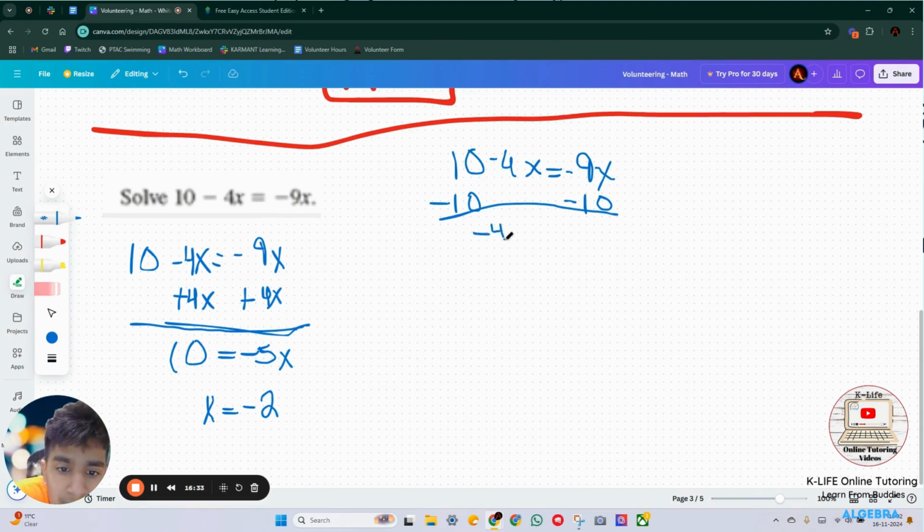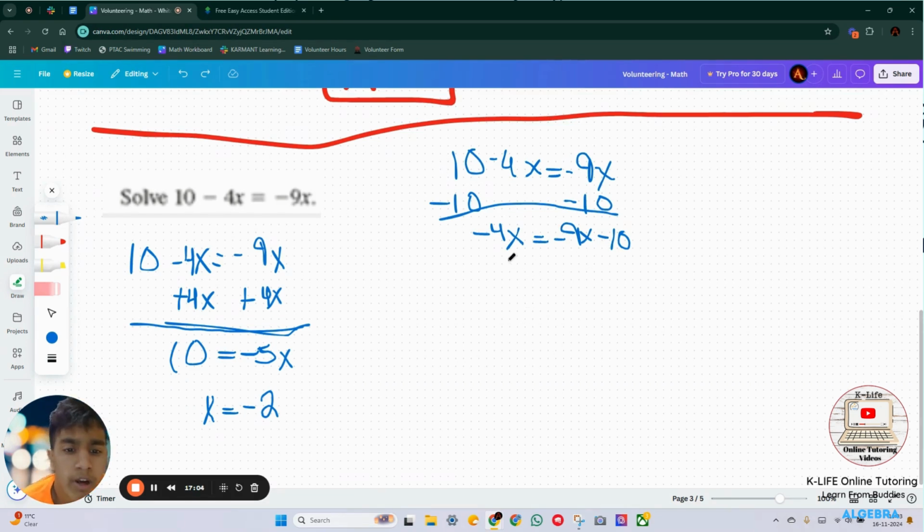So that would be negative 4x equals negative 9x minus 10. Well, you can't divide by negative 4 on both sides and get an x value, because there is a negative 9x on the other side as a variable term. Remember how we talked about combining like terms last class? That's just doing that.